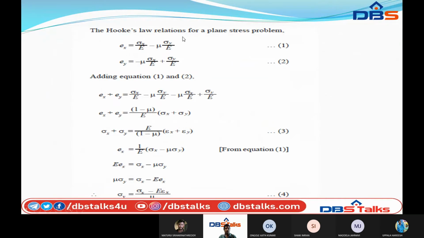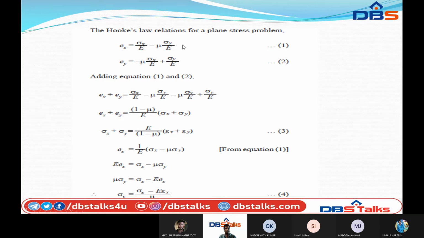Hooke's law for three-dimensional. We know that Ex equals sigma x by E minus mu into sigma y by E minus mu into sigma z by E. Why don't we take the value of mu into sigma z by E? Because in plane stress condition, sigma z and tau yz, tau xz are negligible or zeros.